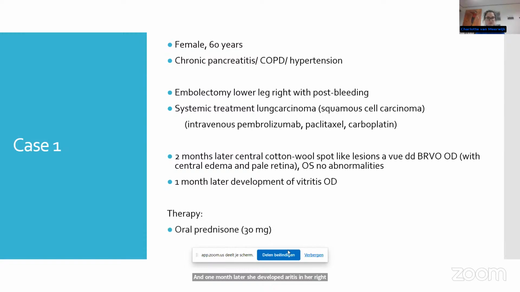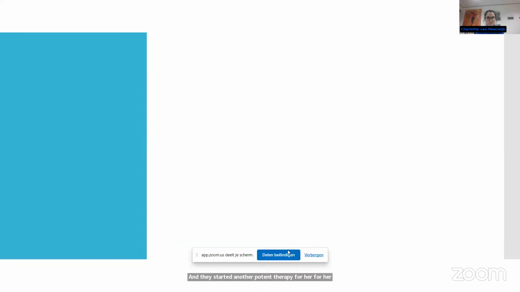Then they started oral prednisone, and they stopped the immune modulating therapy because they thought maybe it was an inflammatory reaction to the start of her immune modulating drug for her lung carcinoma. They started another potent therapy for her lung carcinoma.